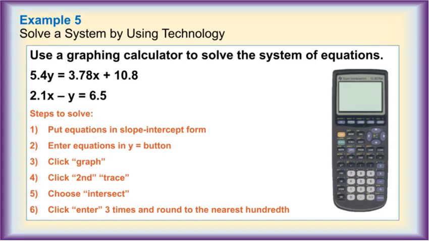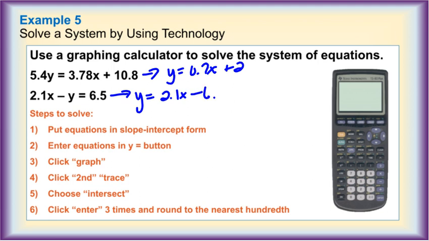Next, use the graphing calculator for this one. Then we'll rewrite this. This would be y equals 3.78 divided by 5.4. That gives us 0.7x. Then 10.8 divided by 5.4 gives us a positive 2. Here I'd have y equals 2.1x, and then I would have a minus 6.5.